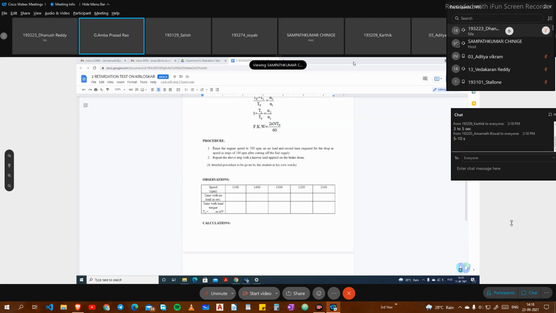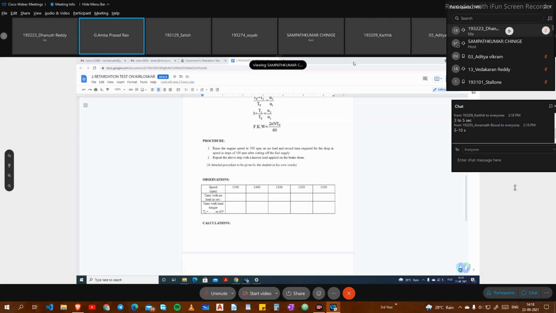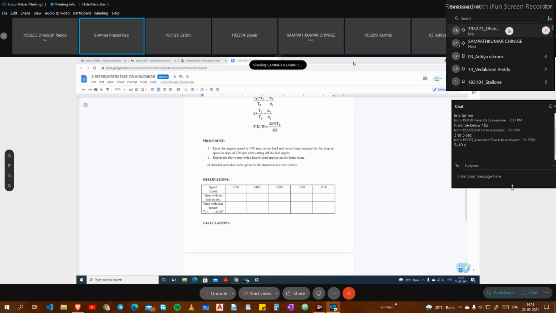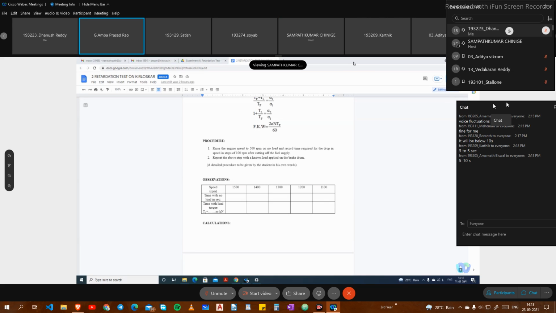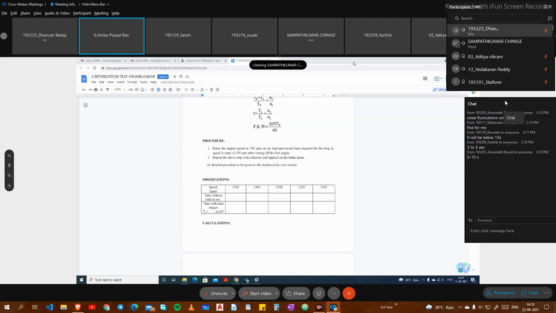The moment the fuel is cut off to the engine, the fall in speed is so fast that from 1500 to 1100, the whole duration was not even 5 seconds, 3 seconds, 2 seconds. Such is the fast retardation of the engine.